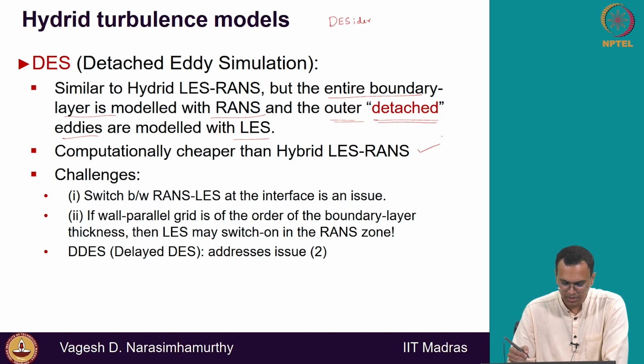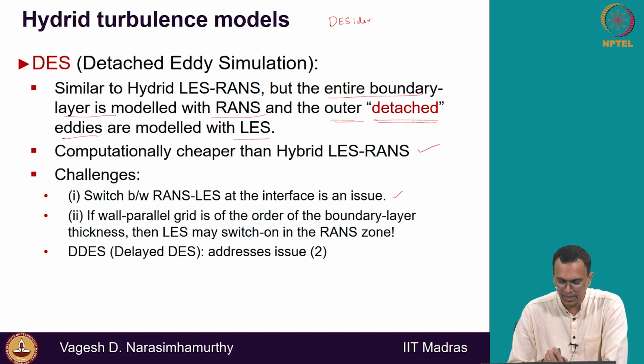Again, the challenge here is that you need a switch between RANS and LES, but this is a unified approach, so it is node to node rather than zone to zone. And there are ideas to handle that. One issue that comes in DES is that since you are going from grid to grid, the same mesh is used for both.